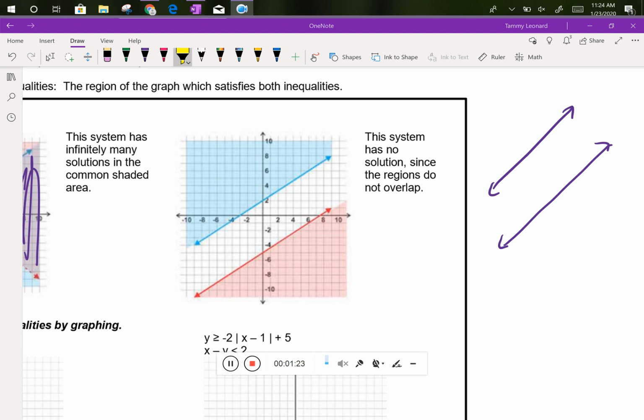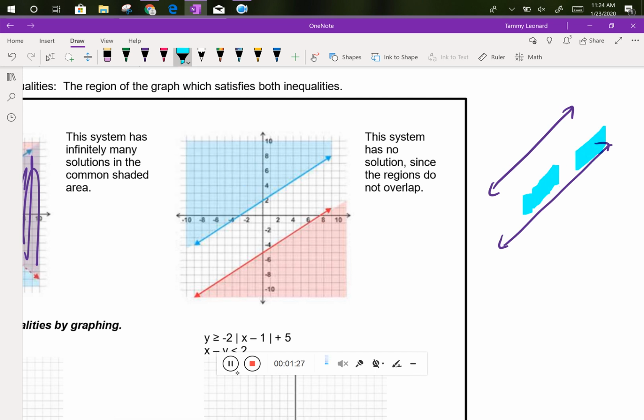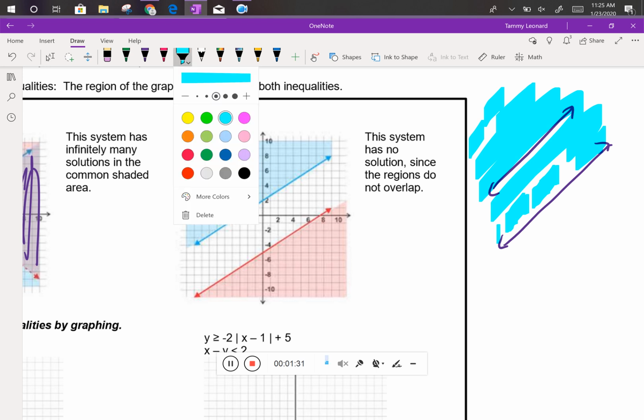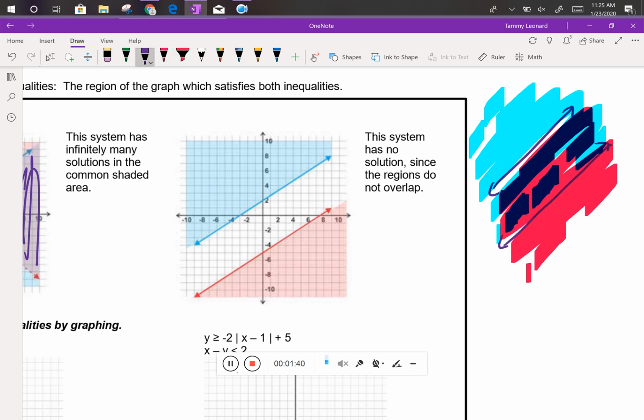If we were asked to shade above the lower line and below the upper line, notice we could have parallel lines and actually have a solution because they would have a shared region in between us.